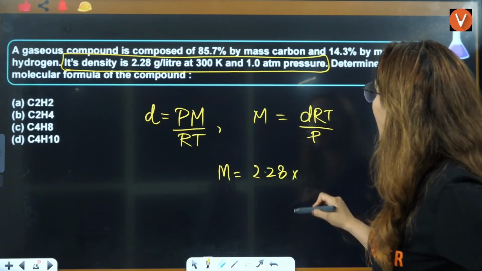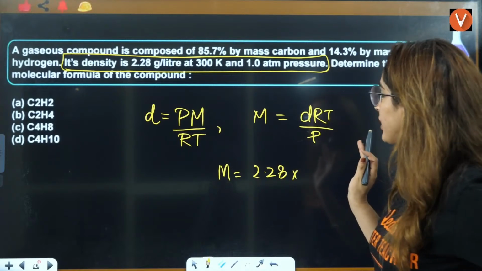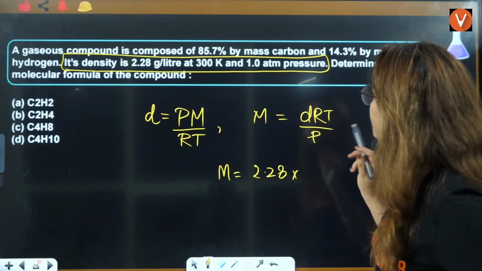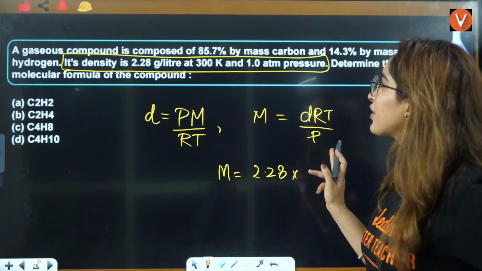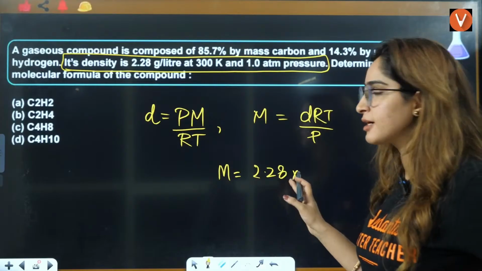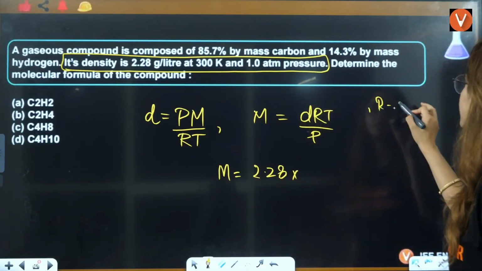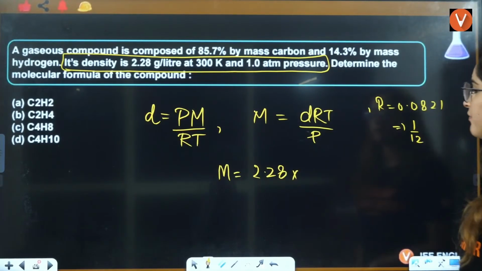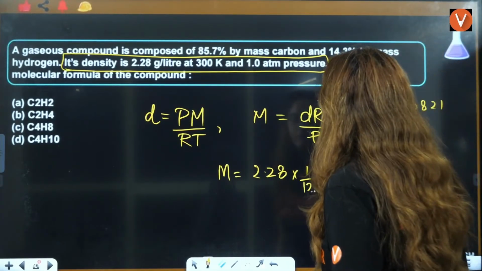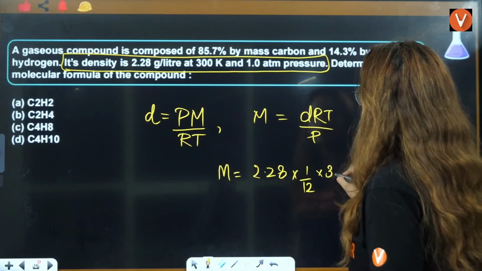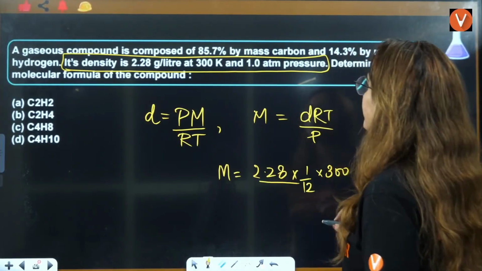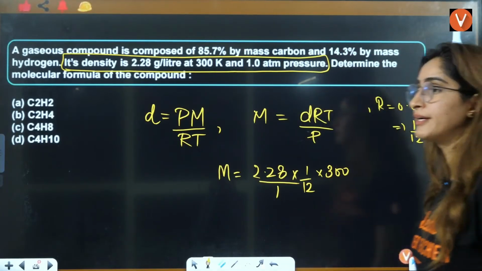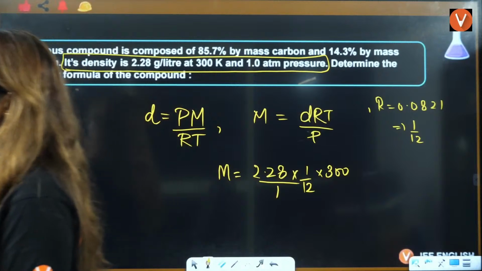Then R: what value will you put? Because pressure is in atmospheres, R is 0.0821, which can also be written as 1/12. So I'll take 1/12. Temperature is 300 Kelvin, in Kelvin only, and pressure is 1. That's how you calculate the molar mass here.